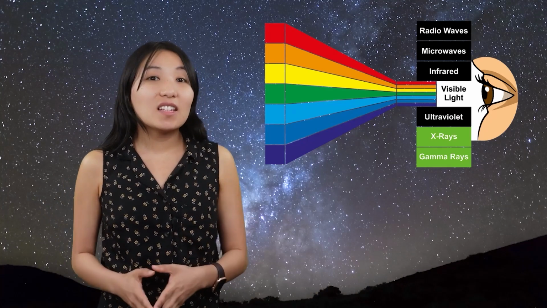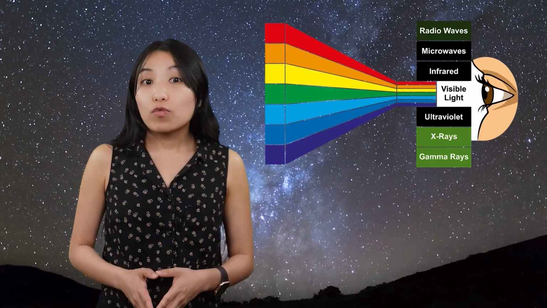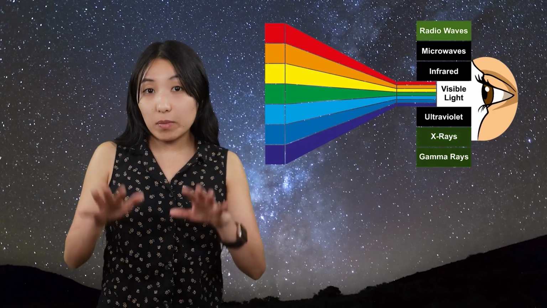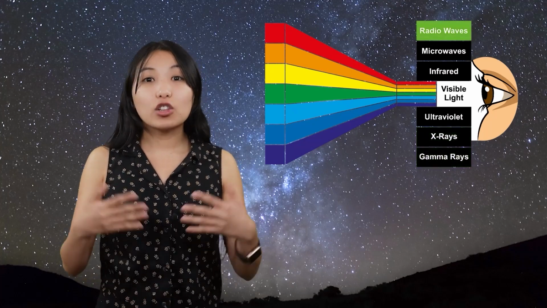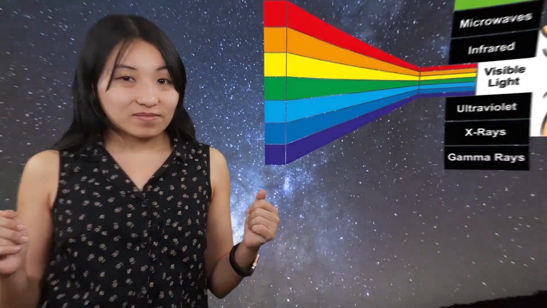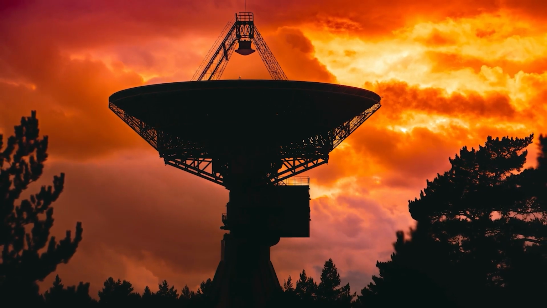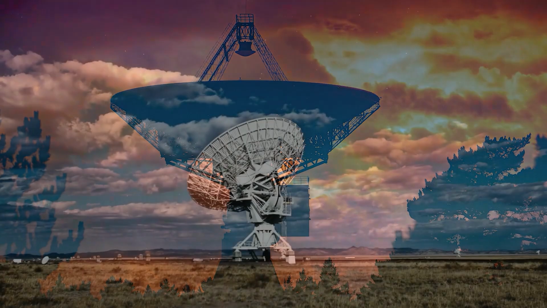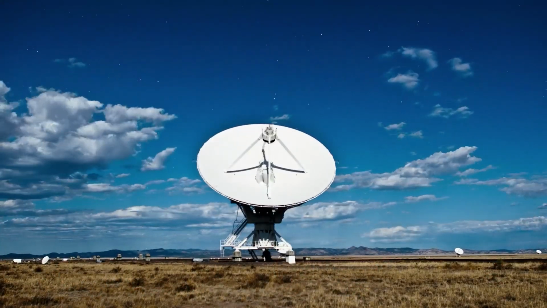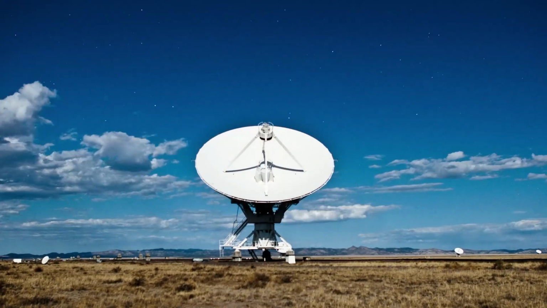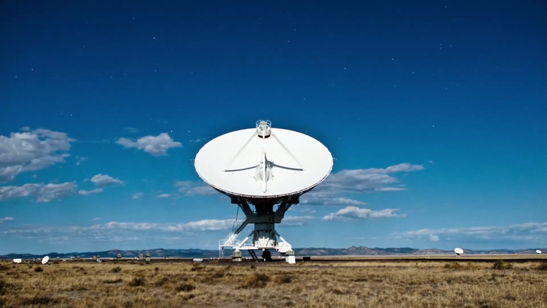At the opposite end of the electromagnetic spectrum, radio telescopes detect light with much lower energy and longer wavelengths. These telescopes look very different from the telescopes we've explored so far. Instead of mirrors, they use large dish-shaped antennas to gather and focus radio waves onto a receiver.